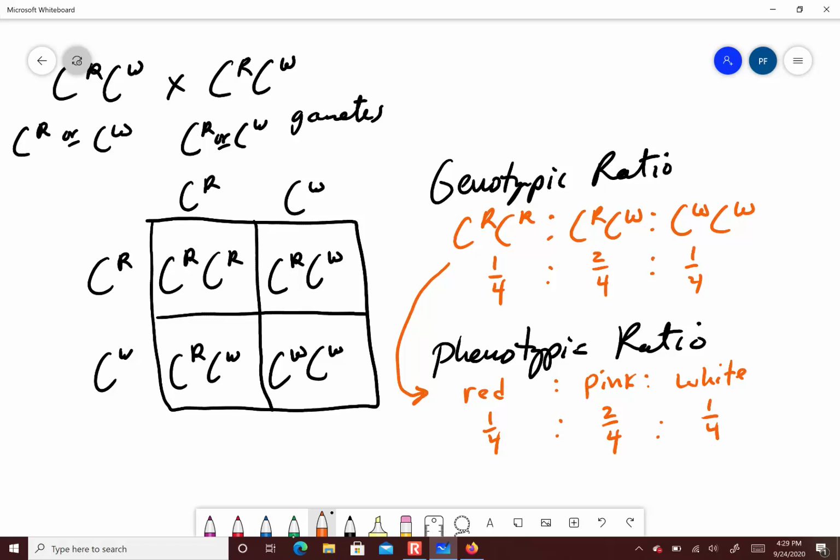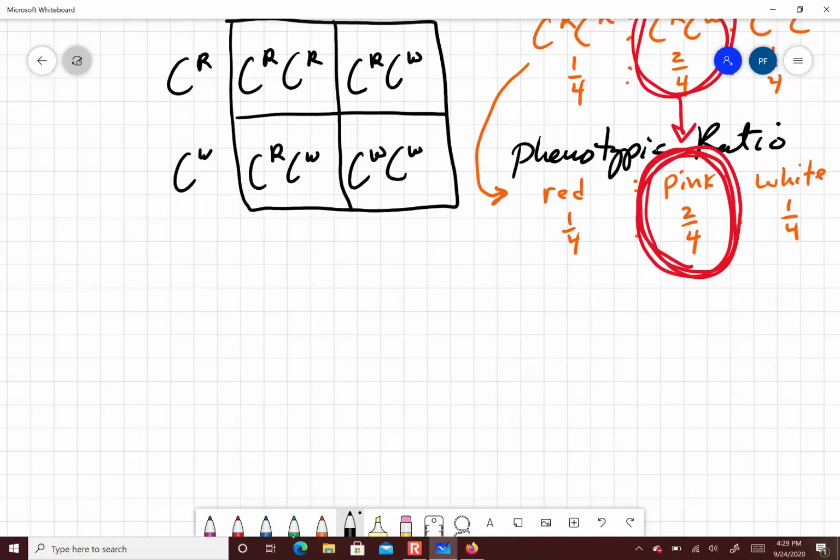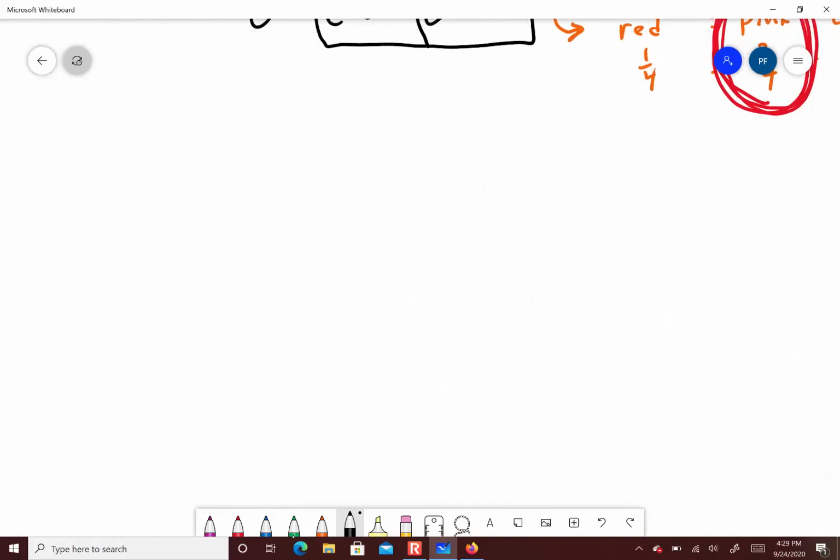Right? That's incomplete dominance. What makes this incomplete dominance is this. The heterozygous gives us a mix of the phenotypes. Right? And I want to show you something real quick, and I hope this isn't going to make stuff more confusing, but on the previous problem we worked, where we did complete dominance, that was like this.